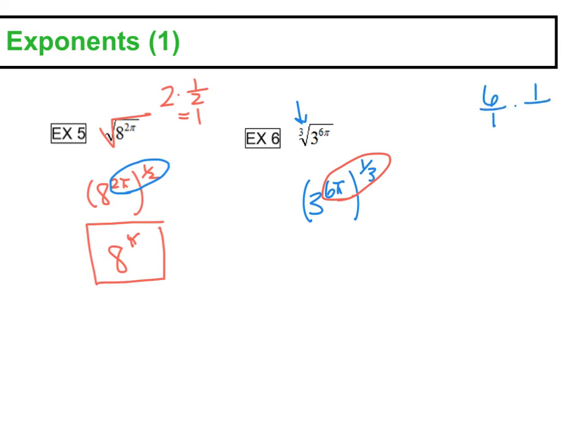So 6 over 1 times 1 over 3 is 6 over 3, which is 2. So we have 3 raised to the 2 pi power, and then we know that we can go ahead and square the 3, leave the pi out there, and that gives us 9, there's my 9 raised to the power of pi.